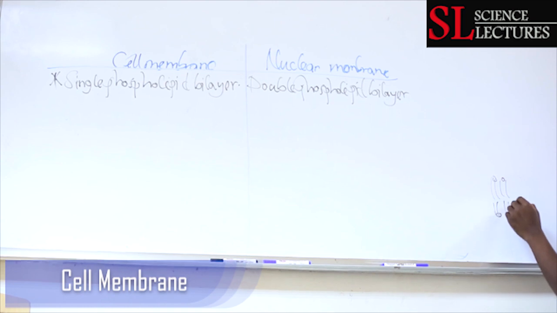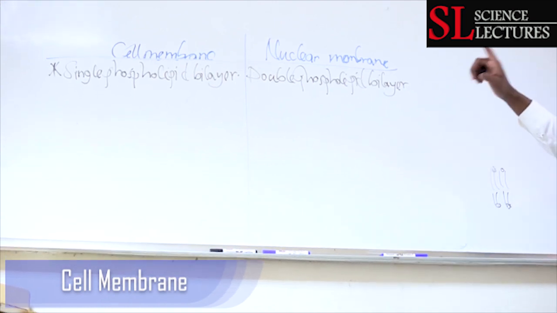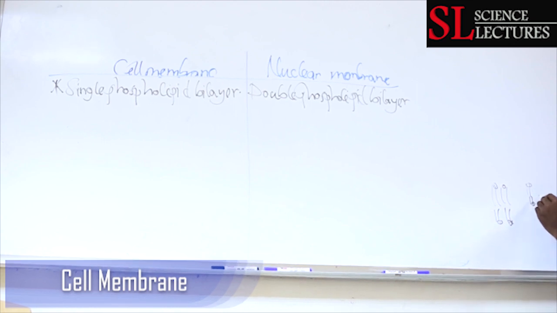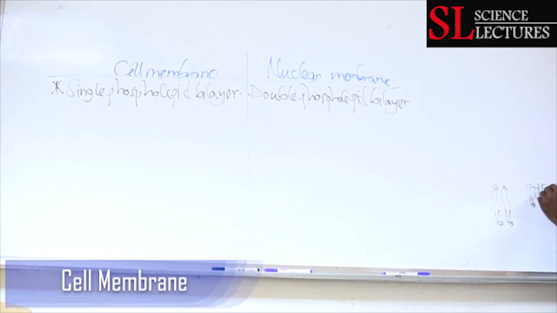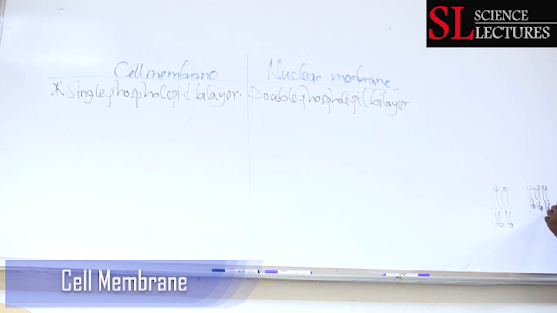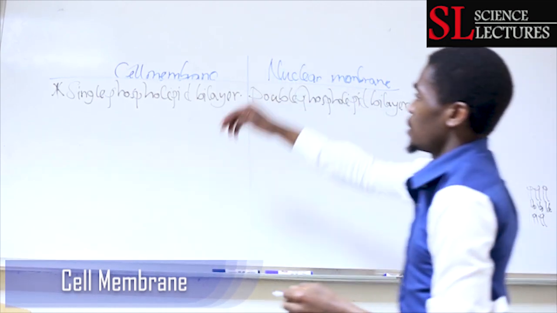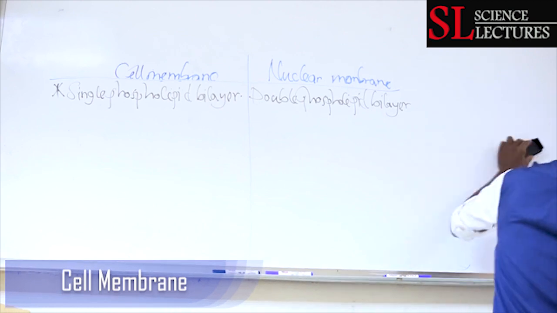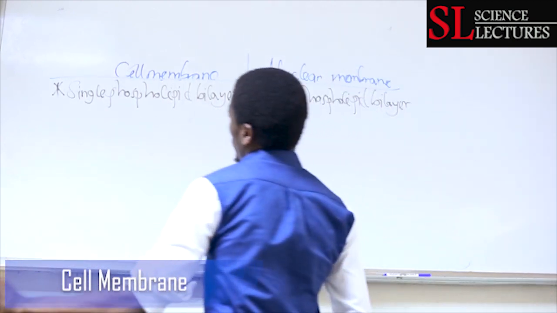So for the cell membrane, we have a membrane like this, a single phospholipid bilayer. But for the nuclear membrane, we have a double: we have this membrane, and again another membrane. So that is one difference between the two.